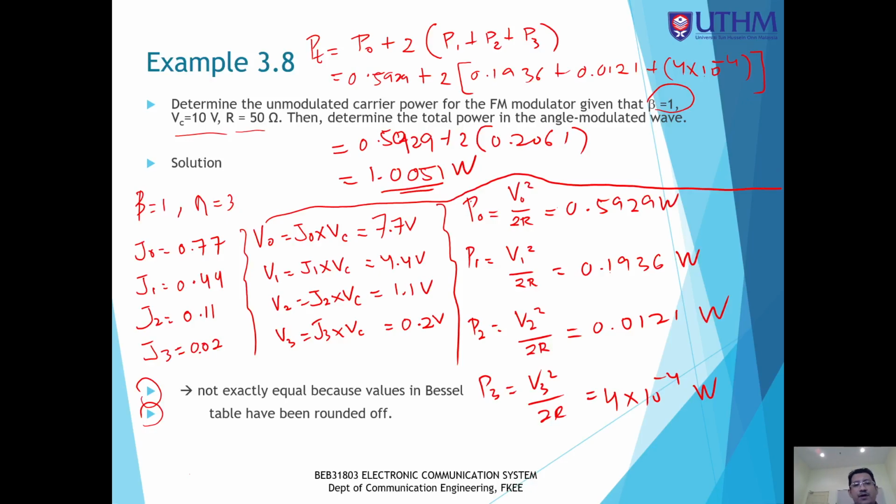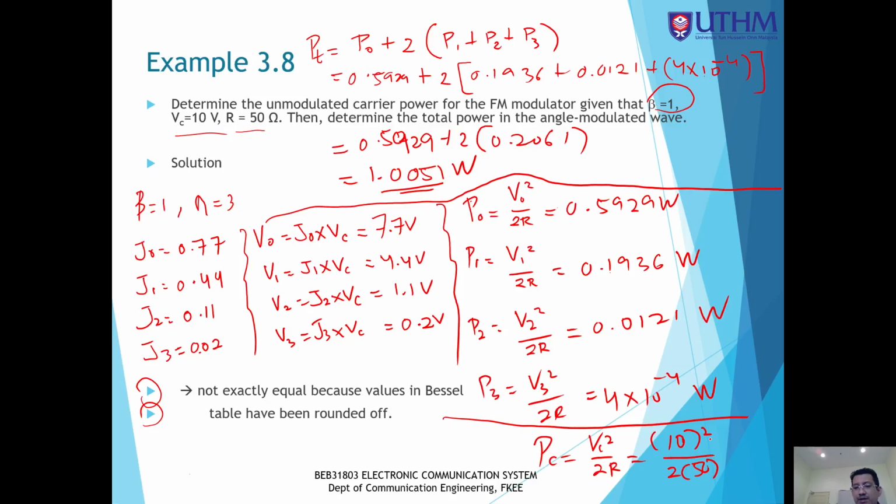So what if you find the carrier power? So let's find the carrier power. PC is equal to VC square over 2R. Okay, so if you see here, VC is equal to 10. So 10 volt square divide with 2 times 50 over here.